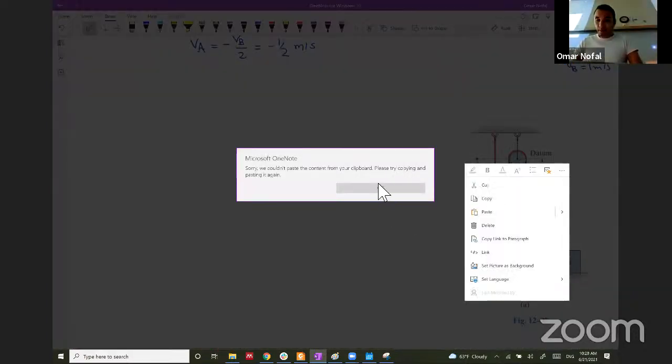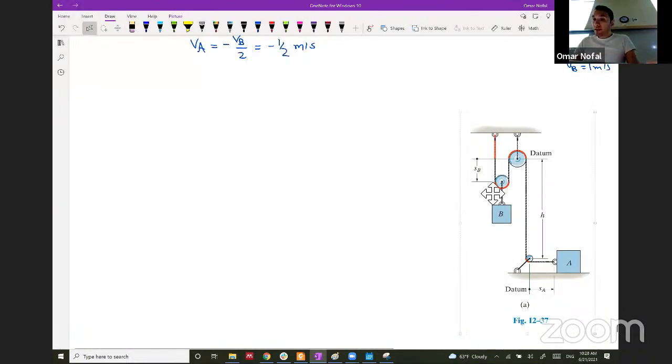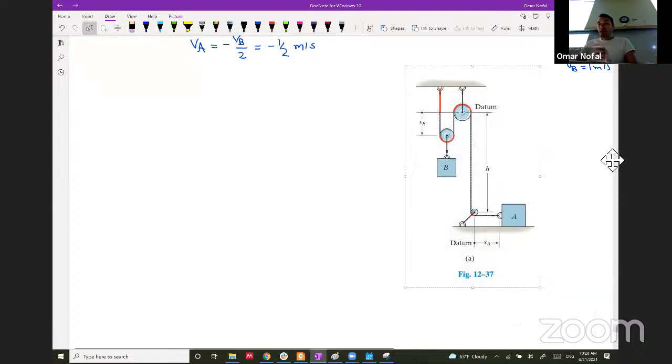All right. Okay, so let's identify what the constant lengths in this problem are and what the variable lengths are.